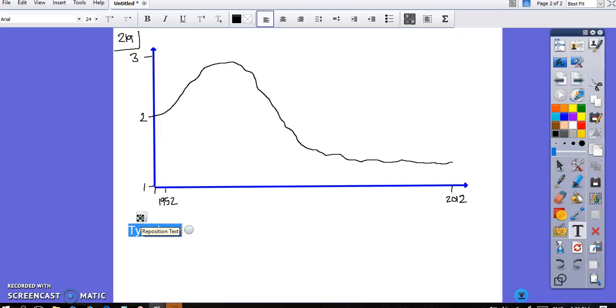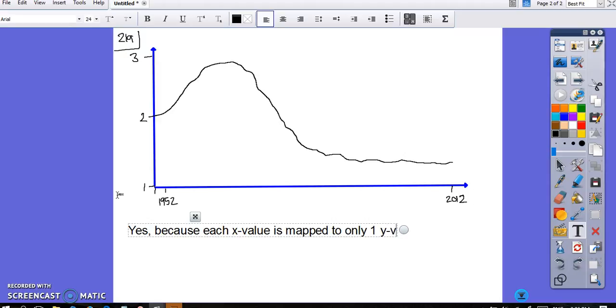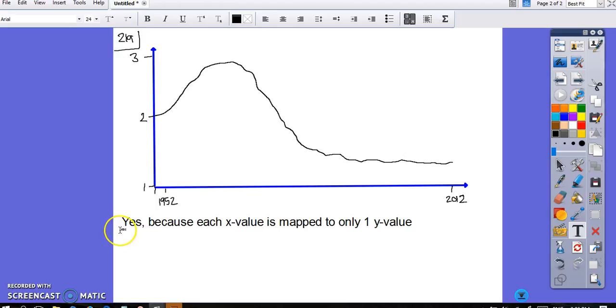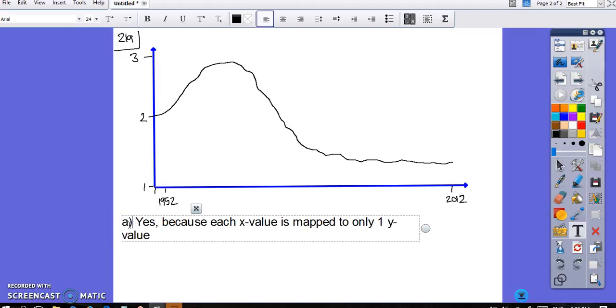And of course it gives a functional relationship because each x value is mapped to only one y value. So that's our answer for part 1.